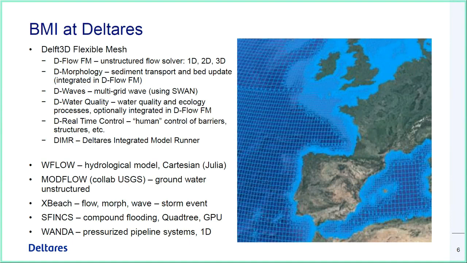XBeach also has a lot of processes, but sometimes even coupled. And then the SWAN, which you use, and so a lot of the issues being discussed pop up somewhere in the Deltares development. So it's a combination of all kinds of elements that we want to couple.